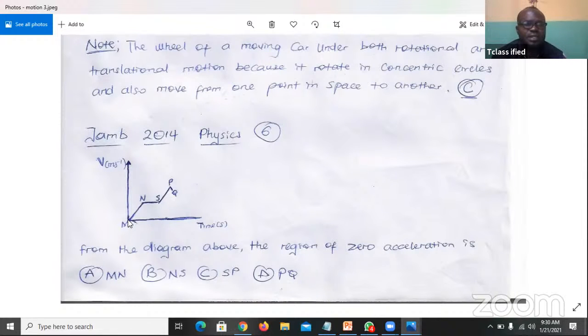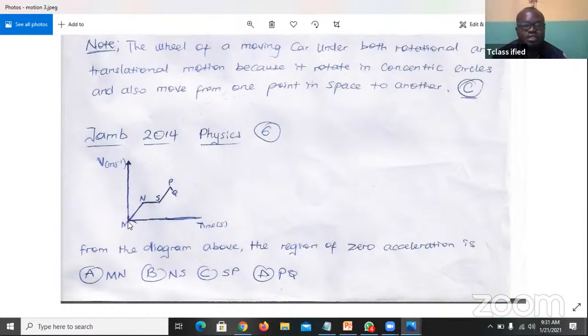So you can see that the velocity is changing over this time. The velocity is increasing from what it was here to this point to this point. But at this point, it's no longer increasing. So if the velocity is not changing over time, then you can say that it's not accelerating.